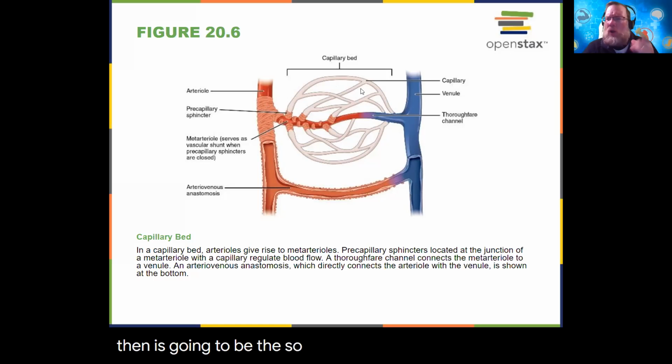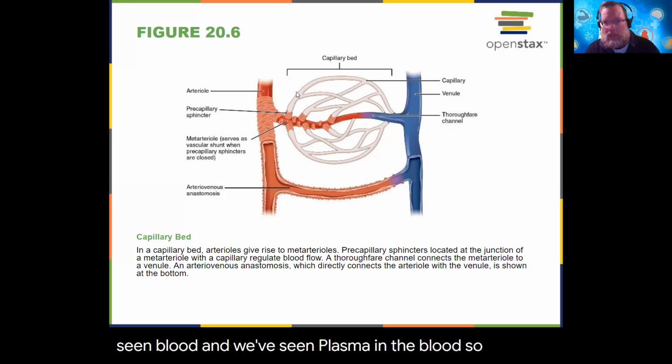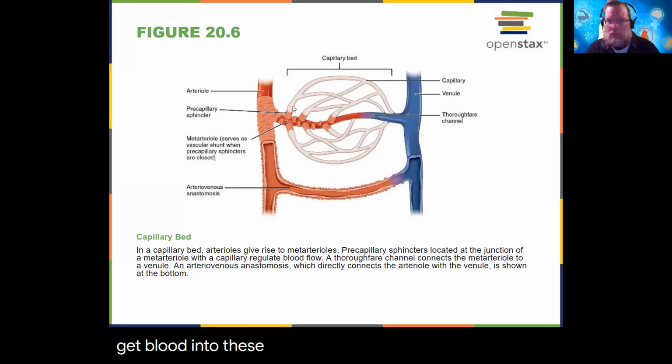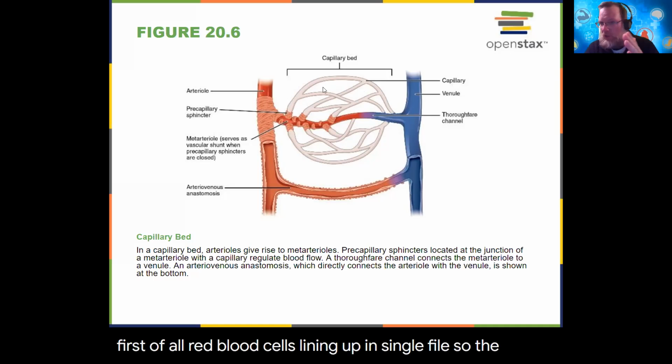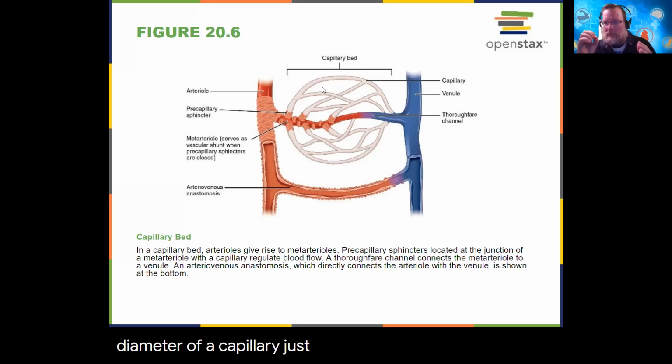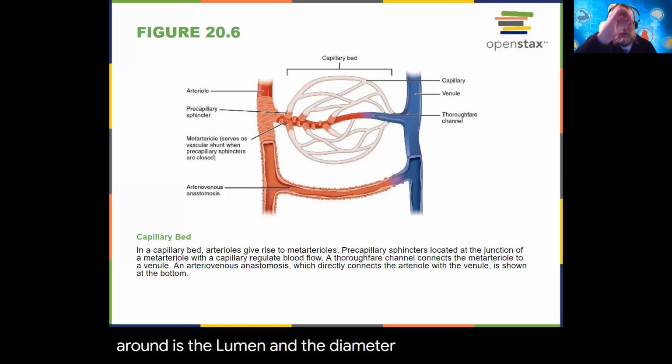I wanted to mention too, and this goes with what we've talked about before. We've seen blood, and we've seen plasma in the blood. As we get blood into these capillary networks, we're going to see, first of all, red blood cells lining up in single file. The diameter of a capillary, how big around the lumen is, just happens to be the same diameter as a red blood cell.